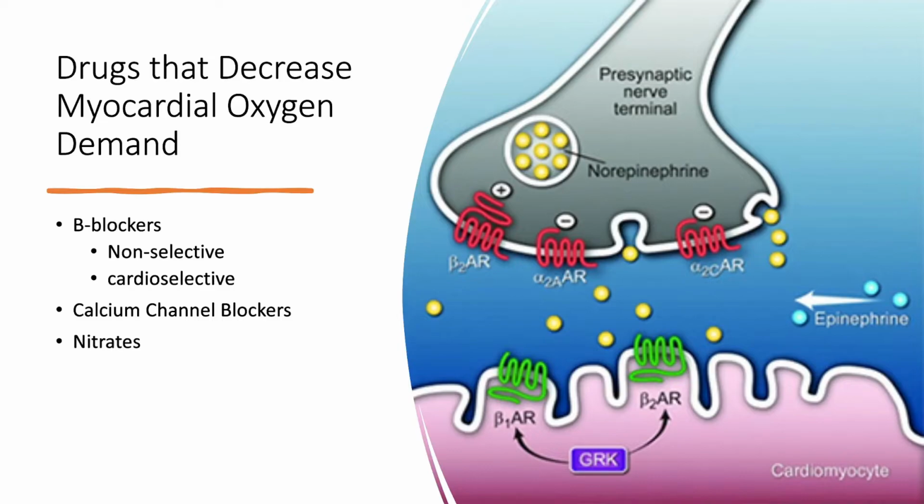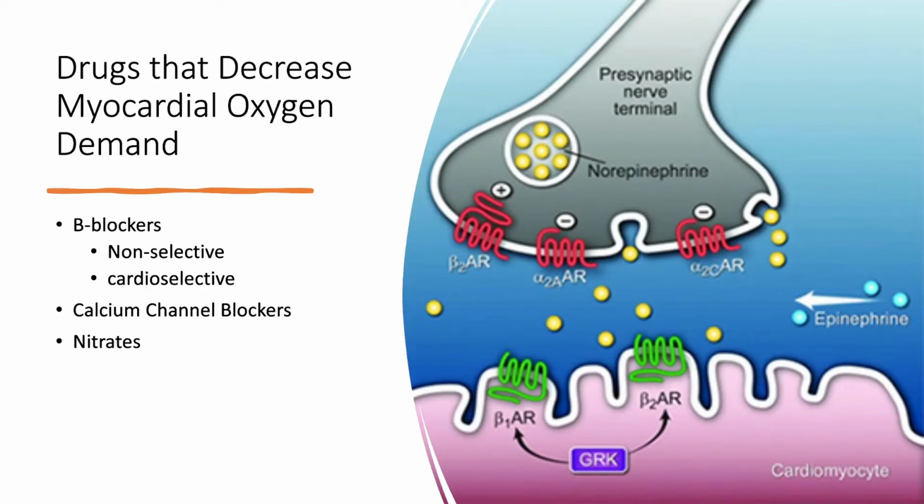But most of their effect is actually due to smooth muscle dilation of veins and arteries. So we also put this category under drugs that increase supply as well. So we'll talk about them in both places. And then along the same line, nitrates is a powerful coronary vessel dilator.